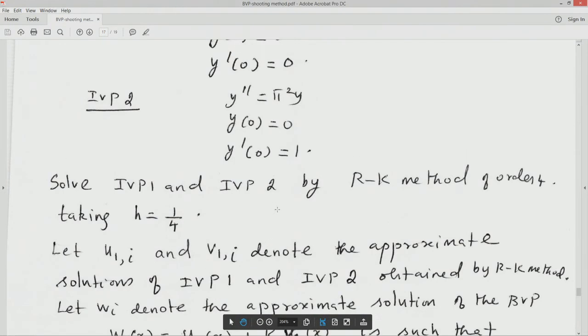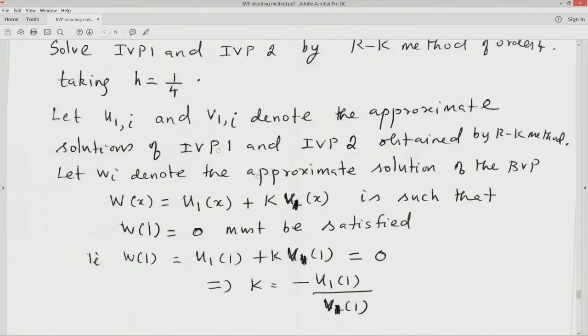So, h is 1 by 4. As before, we denote by u1i and v1i the approximate solutions of the first and the second initial value problem obtained using the Runge-Kutta method of order 4.